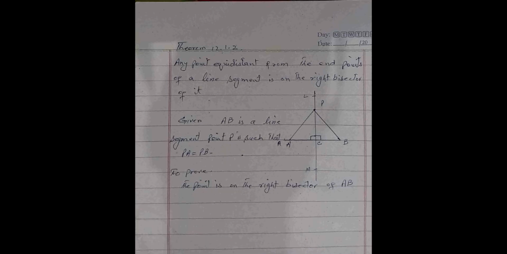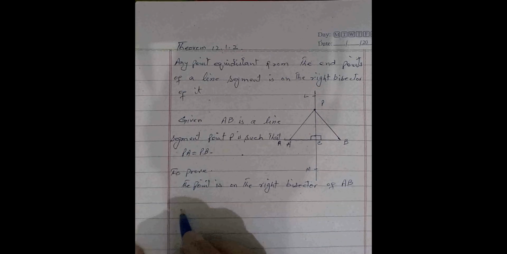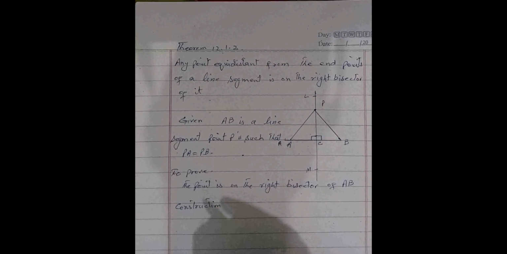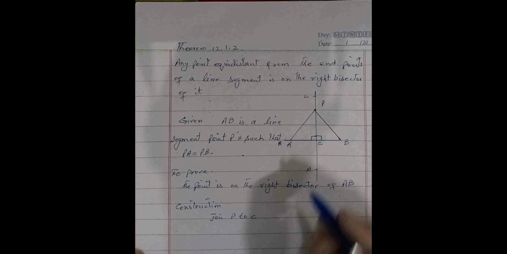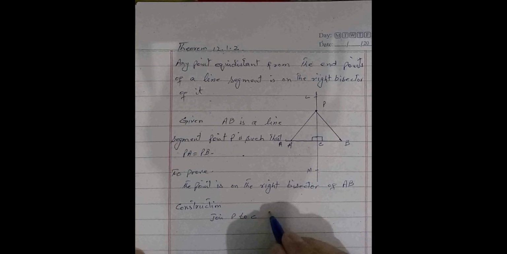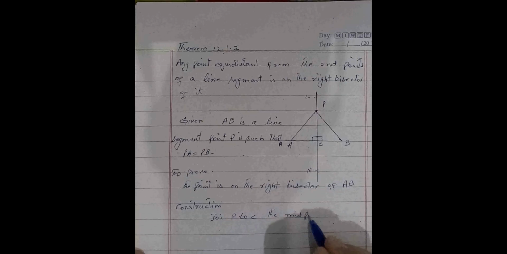Let's start. First construction: join P to C, the midpoint of AB.